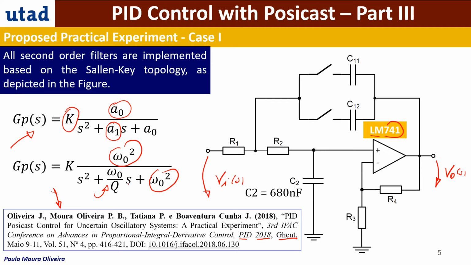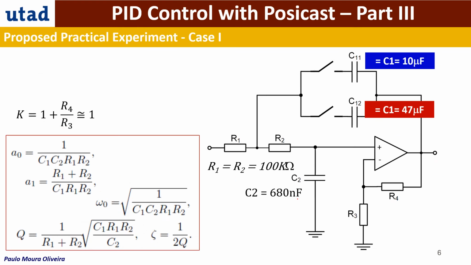Some of the values: the capacitor C2 is 689 nanofarads. These are the resistances R1 and R2. Okay, so in this case we are going to consider two cases. We have C1 in the formula.